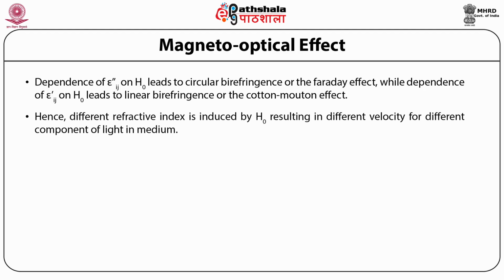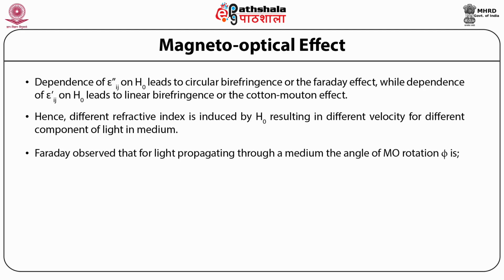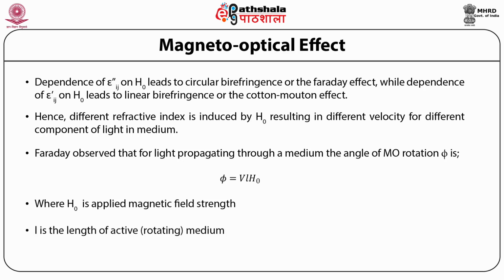Hence, different refractive indices are induced by H₀, resulting in different velocities for different components of light in the medium. Faraday observed that for light propagating through a medium, the angle of magneto-optic rotation φ is φ equal to V L H₀, where H₀ is the applied magnetic field strength, L is the length of the active rotating medium, and V is a proportionality constant known as the Verdet constant.